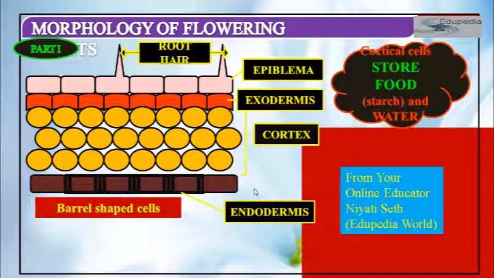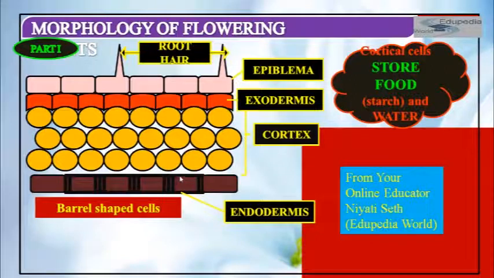The passage cells allow water to pass into the xylem vessel. The remaining cells in the endodermis are characterized by the presence of thickening on their radial wall, and these thickenings are called Casparian thickenings or Casparian band, students.